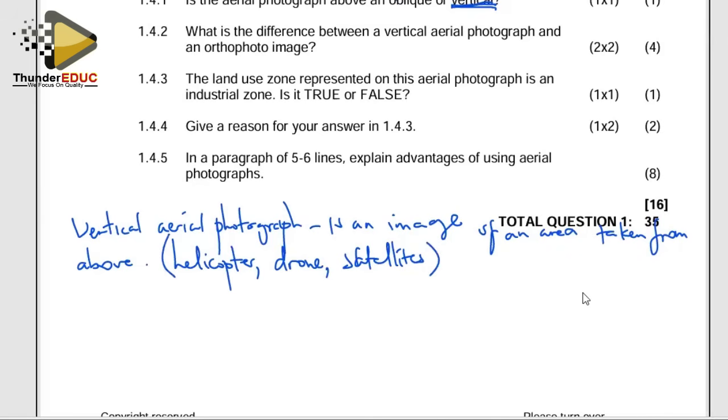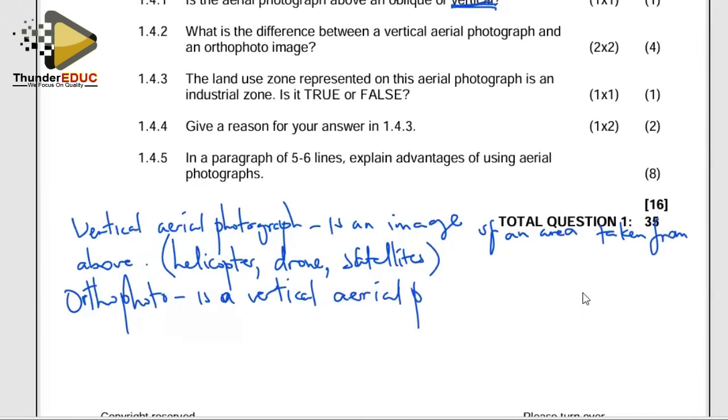However, we want to look at an orthophoto. How does an orthophoto come into existence? What is an orthophoto? An orthophoto basically is originally a vertical aerial photograph. So what is the difference? If an aerial photograph is an image taken of an area and an orthophoto is a vertical aerial photograph, it means they are almost the same.